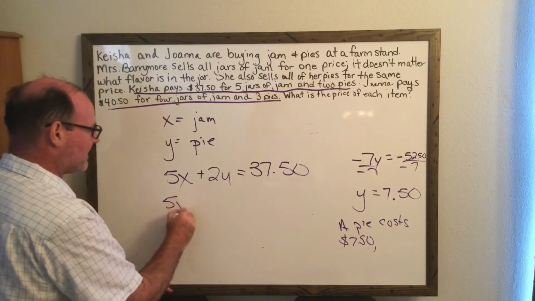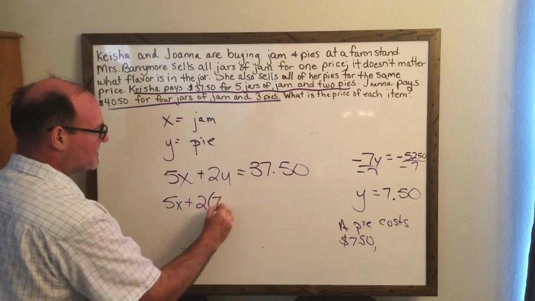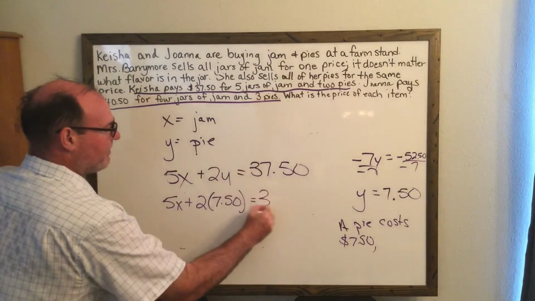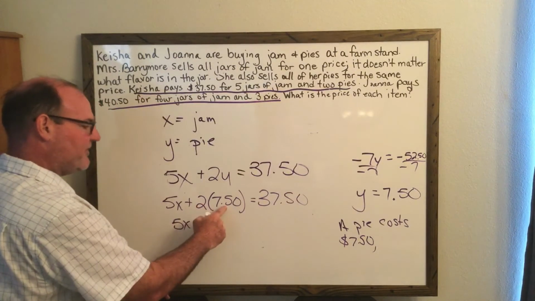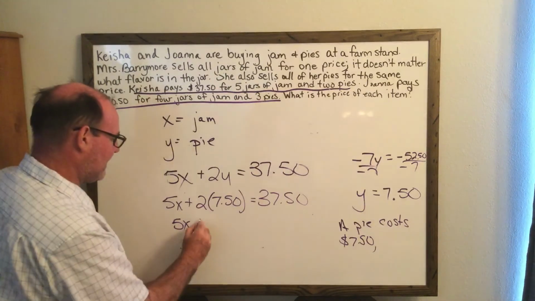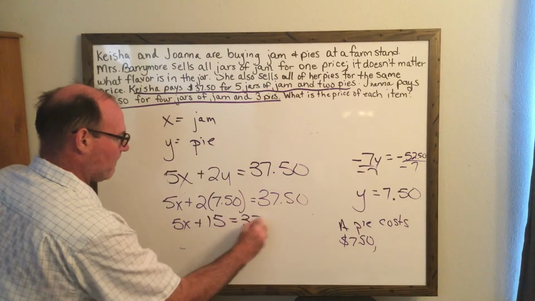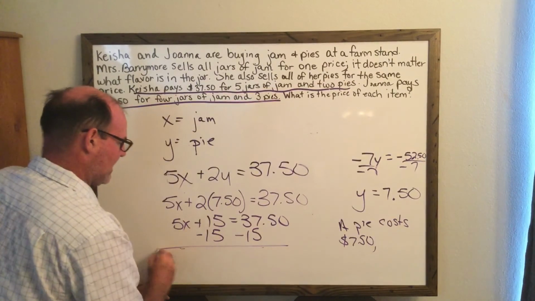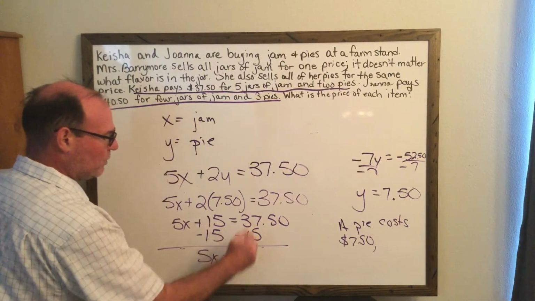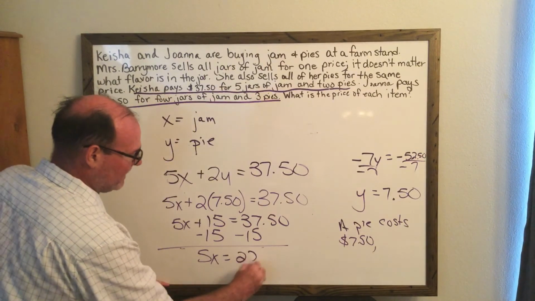So I have 5x plus 2 times 7.50 is equal to 37.50. 2 times 7.50, 7.50 and 7.50, that's going to be 15. I'm going to subtract the 15 from both sides. And I get 5x is equal to 22.50.